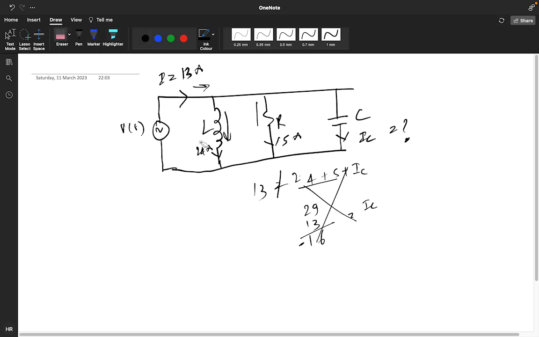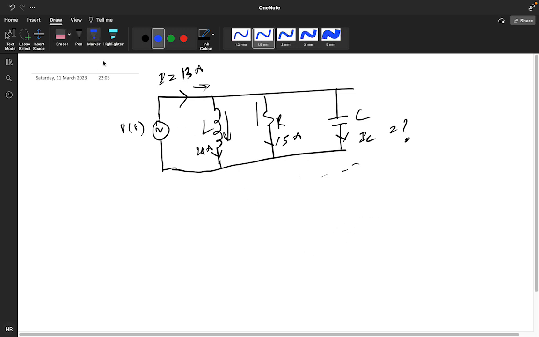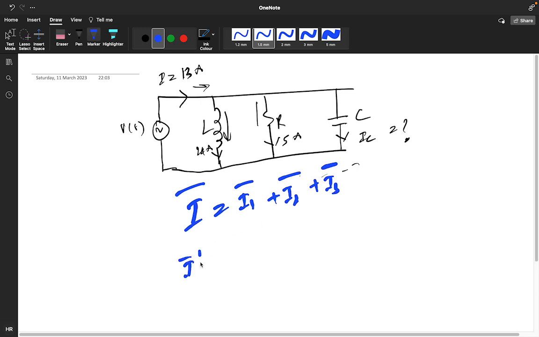Okay, but how to solve these questions? For this you need to know that this is your I phasor. This is your I1 phasor, this is your I2 phasor, and this is your I3 phasor. So what is the modulus value of this I?